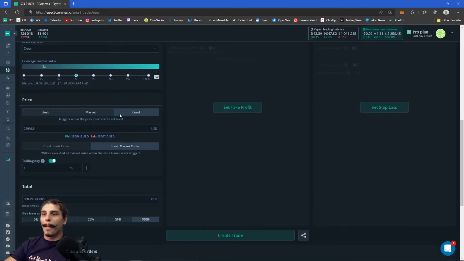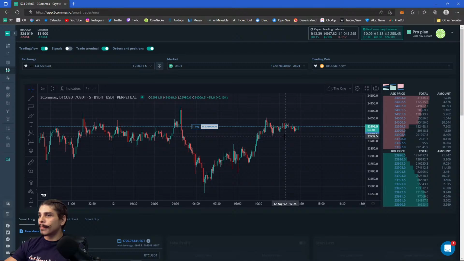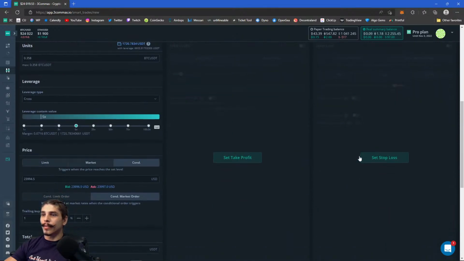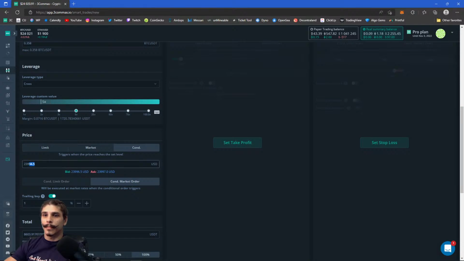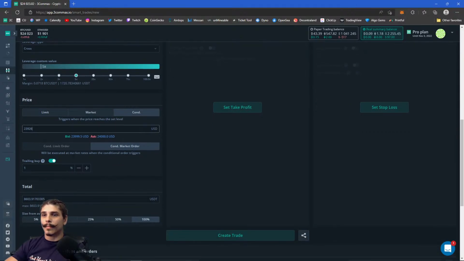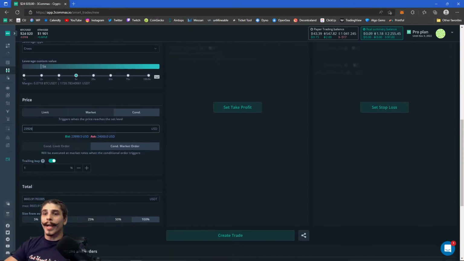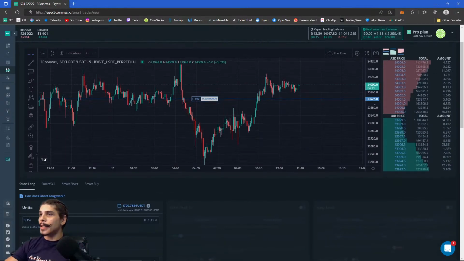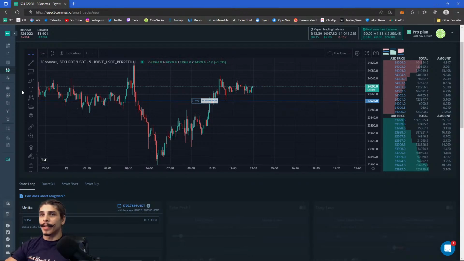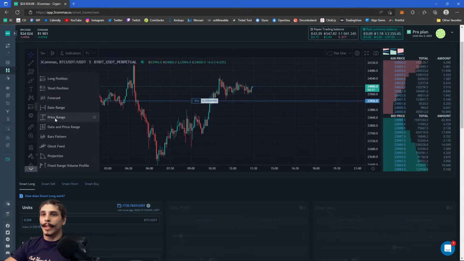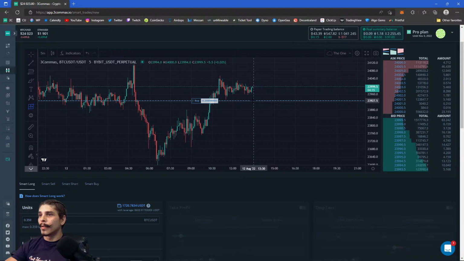Okay, so our conditional price is going to be 23926. All right, so there we go. Now, trailing buy. So if the price, right now it's at 1%. So I'll just go ahead and measure that out real quick. We have 1%.